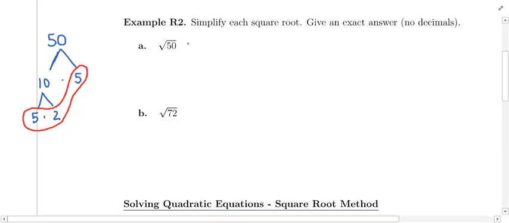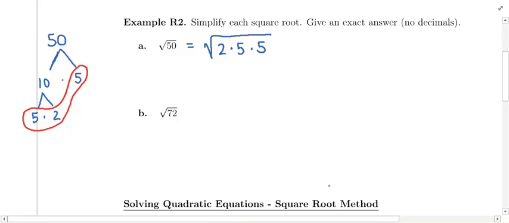So the square root of 50 is going to be equal to, I'm going to put my square root symbol, and underneath, I am going to write the numbers that I circled in the factor tree. When you do this, I recommend that you organize them. Write the numbers in ascending order and put pairs next to each other. So I'm going to write 2 times 5 times 5. On both sides of the equal sign, we have 50 underneath the square root. 2 times 5 is 10, times 5 is 50.